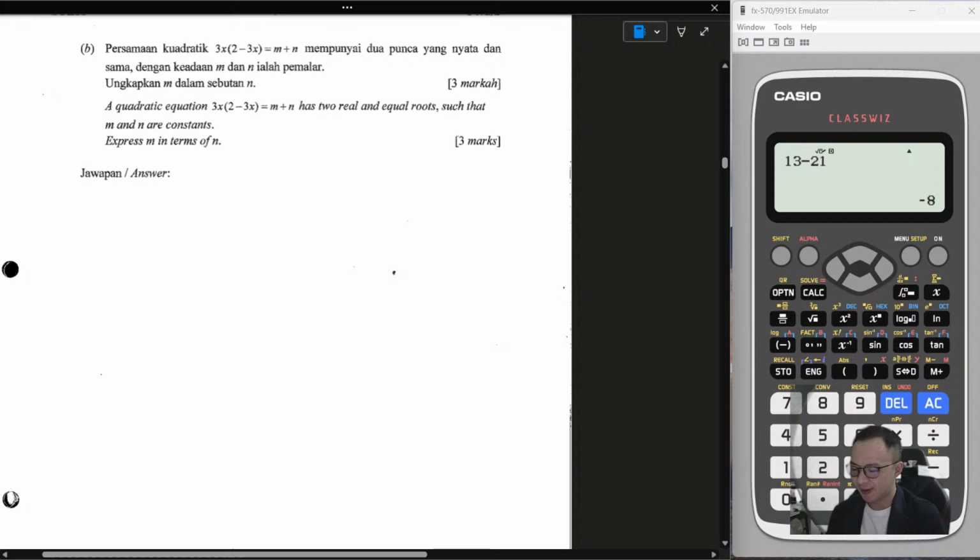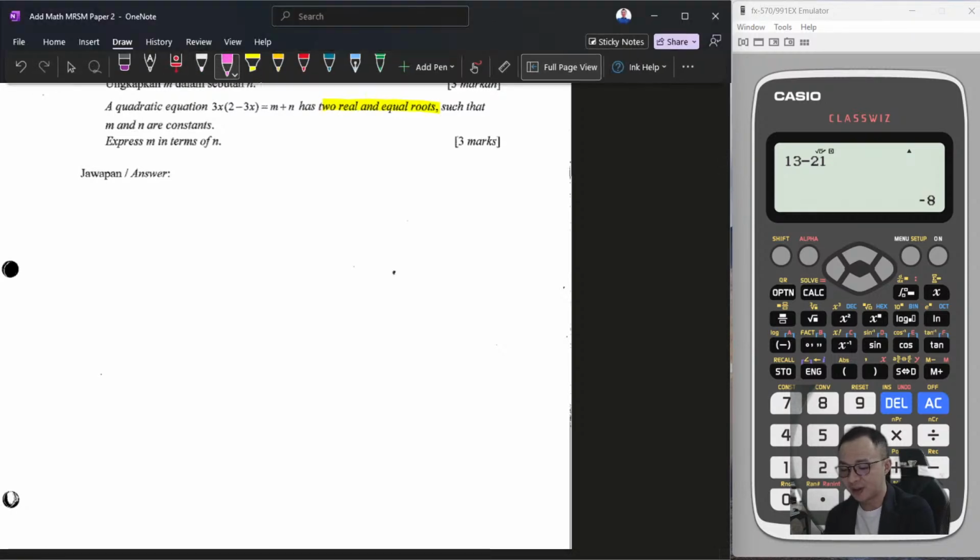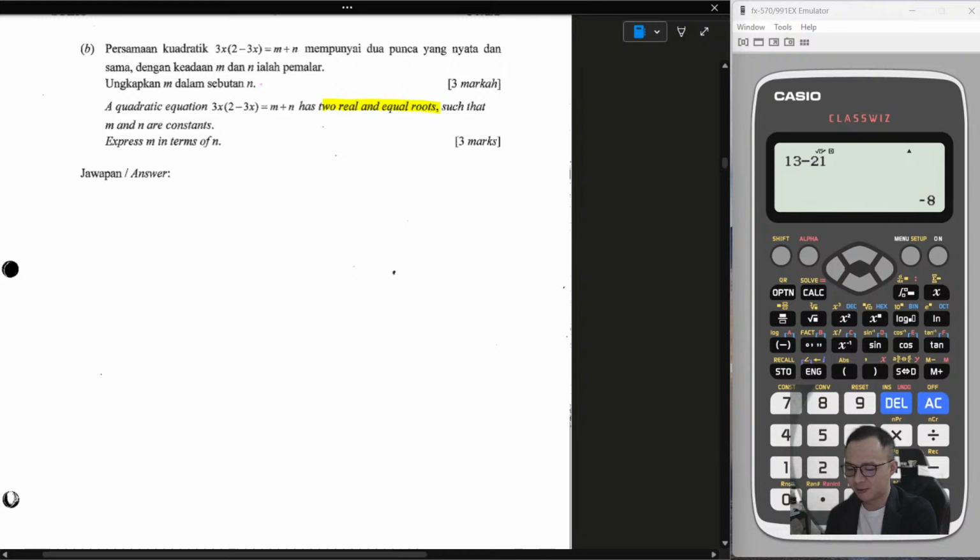Okay, B. So we have this quadratic with 2 real and equal roots. Whenever you see real and equal roots, you should know this is b squared minus 4ac equals 0. Then express m in terms of n. No problem for this kind of question. The only thing you need to do is rearrange this equation into the general form ax squared plus bx plus c equals 0.